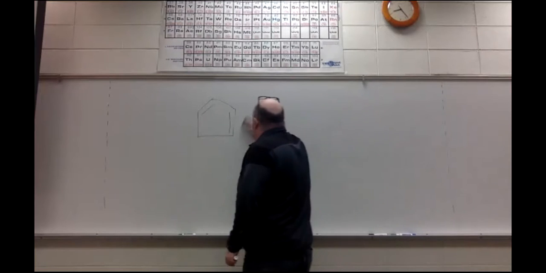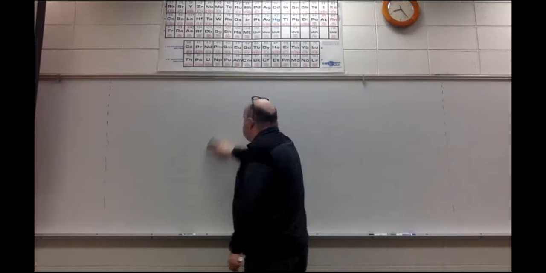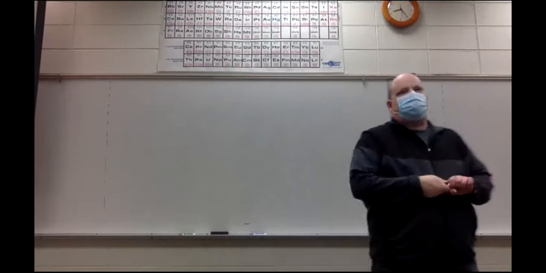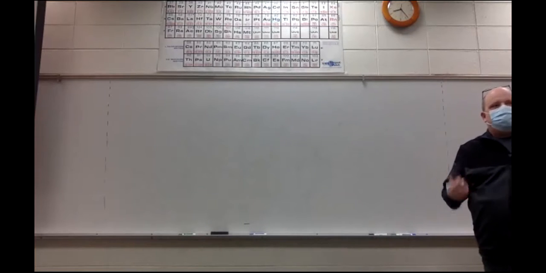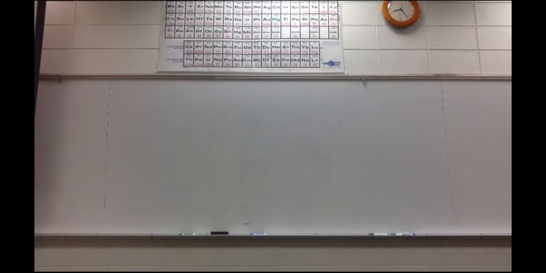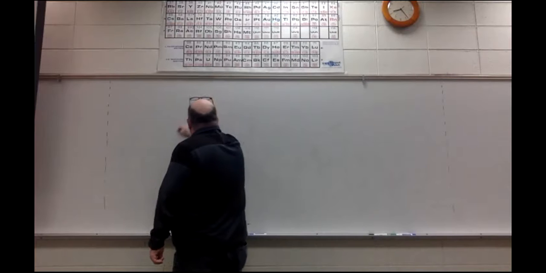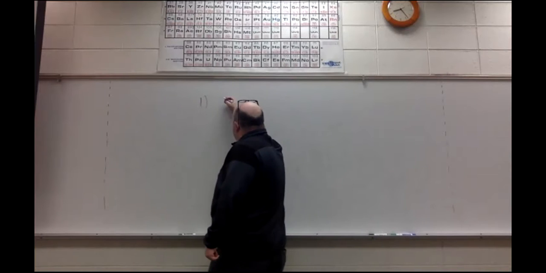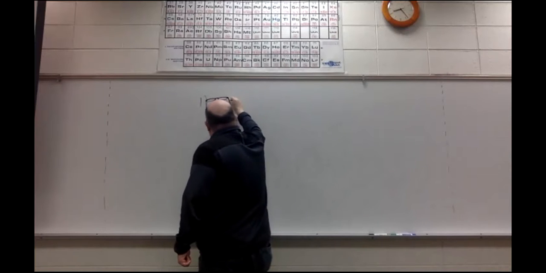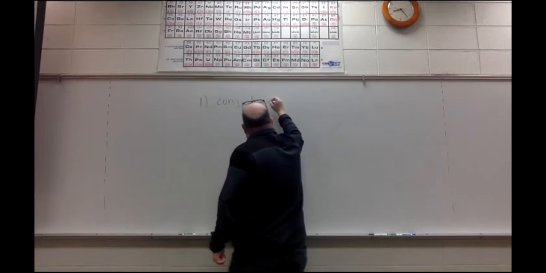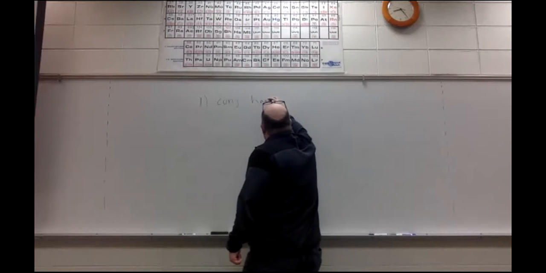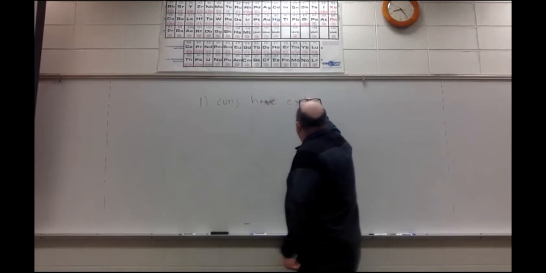Okay, so, as we're exploring these compounds, you're going to see certain characteristics. Conjugated dienes have similarities, but as you can see, they have some differences, right? And I think the book summarizes several of these. Conjugated dienes have extra stability.